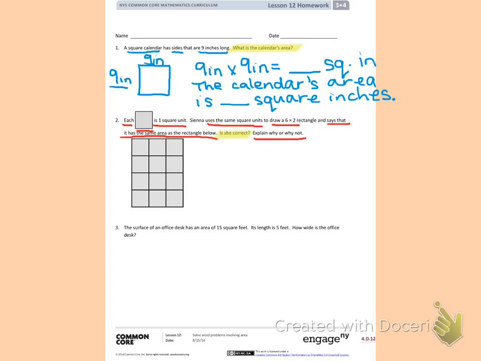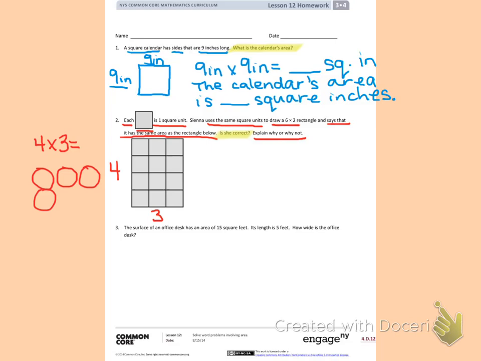In order to solve this problem, I think I'll go ahead and try to figure out what the area of the rectangle shown is. Looking at the drawing, I see that there are 4 rows and 3 columns. In order to figure out what the area of that is, we're going to multiply 4 times 3. 4 times 3 is the same thing as 4 groups of 3. 1 group, 2 groups, 3 groups, 4 groups.